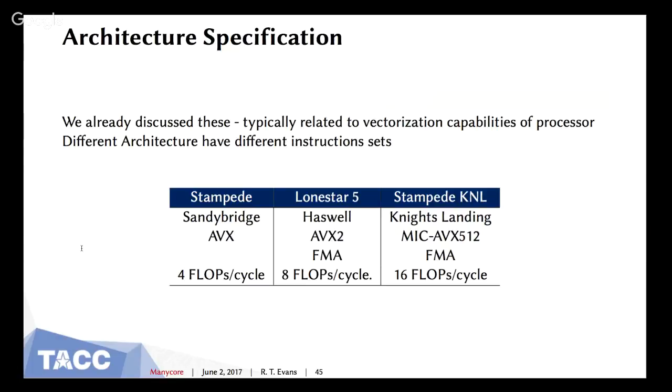And this is just referring to these different instructions. These are the names of the processors they go with. So AVX, Sandy Bridge, that's what's on the current version of Stampede that we're retiring. The latest Intel iteration for HPC and servers in general is Haswell and Broadwell, and they support the AVX2 operations.